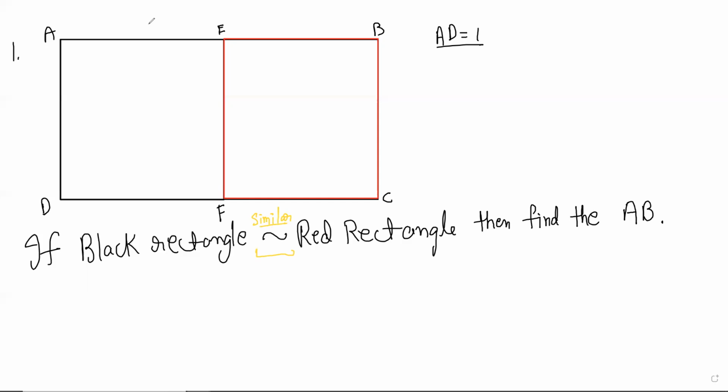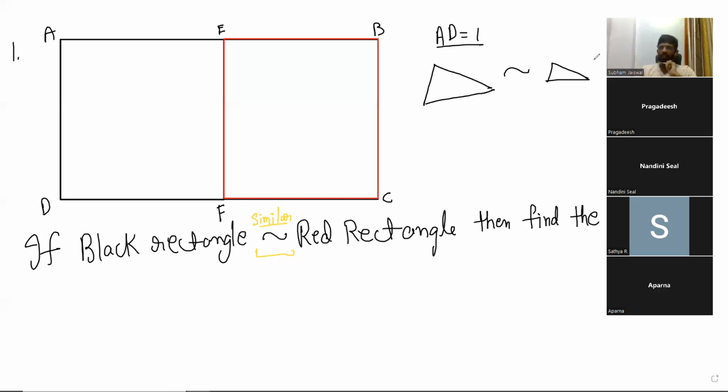So what is similarity of triangles? When we have one triangle and we have another triangle, when do we say it is similar? Anyone just come say the definition? So when all the angles are equal and the corresponding sides are in the same ratio.